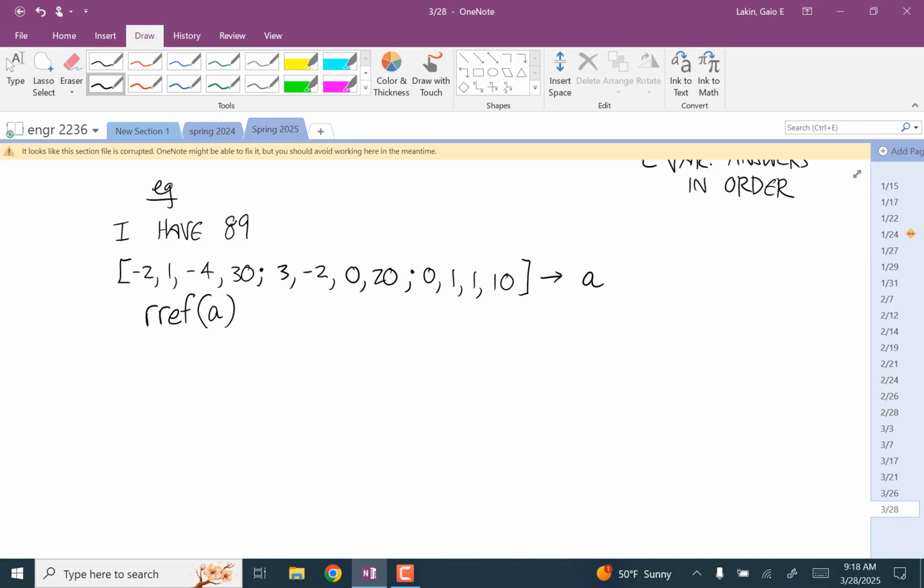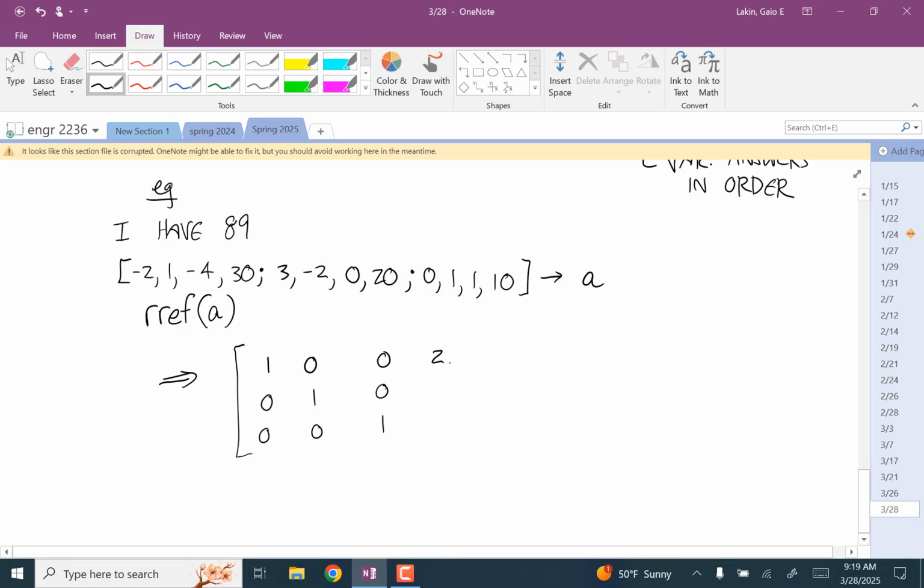And what I get is 1, 0, 0, 0, 1, 0, 0, 0, 1. Okay, so this is the stuff that only lets us know that reduced row echelon form found a solution.